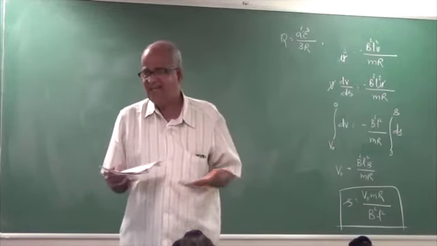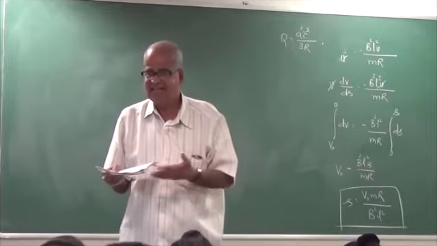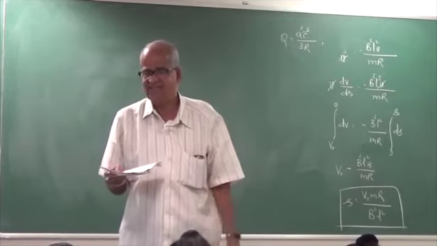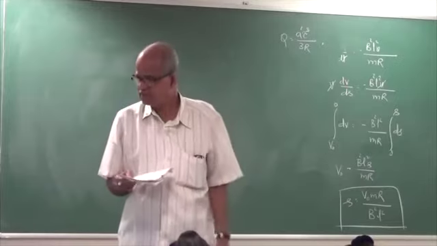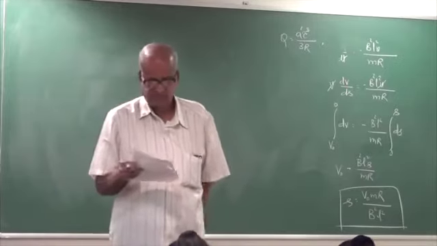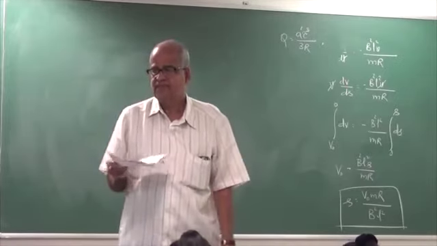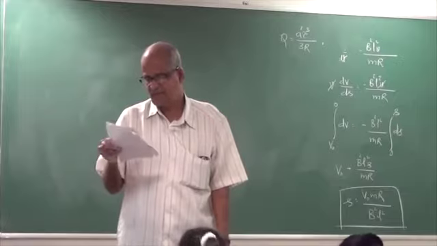You find E by R, which gives I, then I squared R dt, then integrate it from 0 to tau. Complete it at home. Next, take this problem.